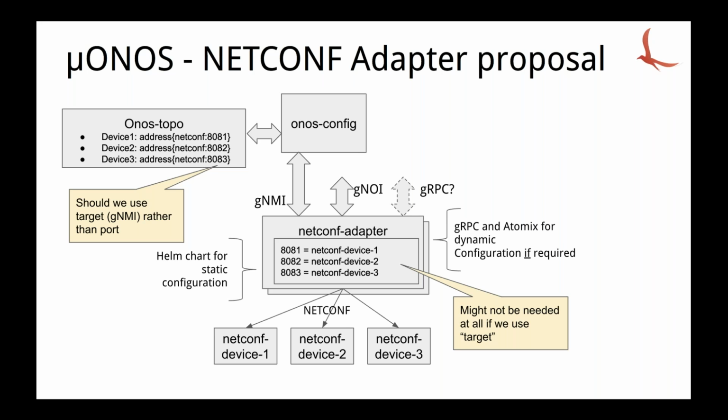I think the mechanisms are there in gNMI to support those kind of notifications. Okay. Yep. To subscribe, not general purpose notifications, but notifications on configured objects. Is that what you mean? Correct, yeah. It would just be whatever is required to conform to the gNMI API.